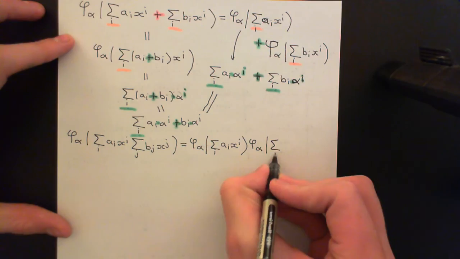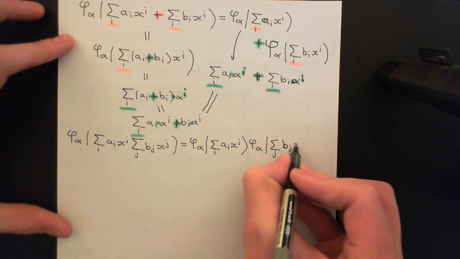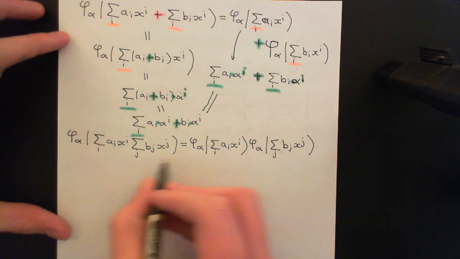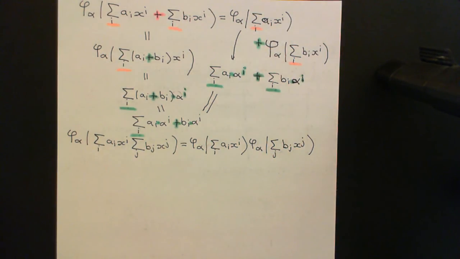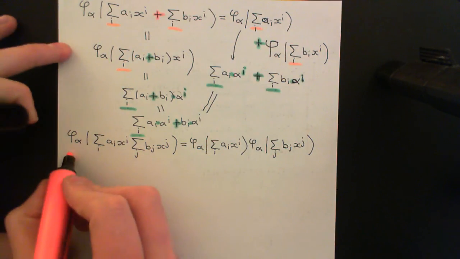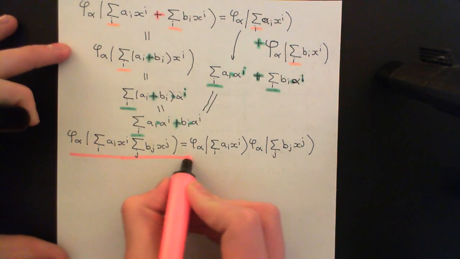We want to prove that multiplication is compatible between the two rings.